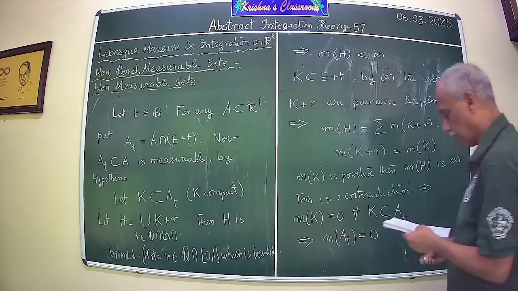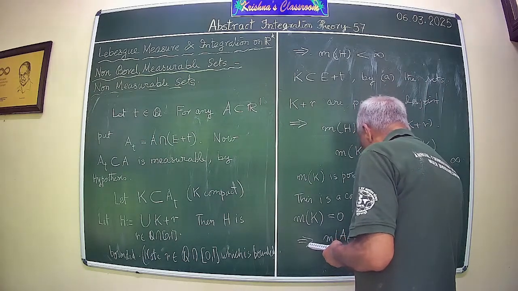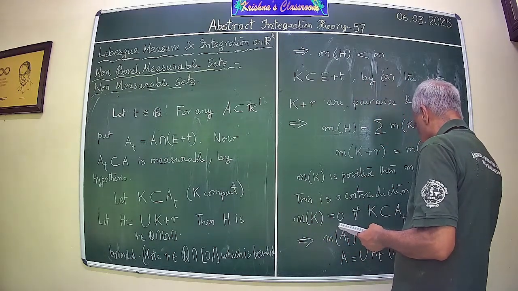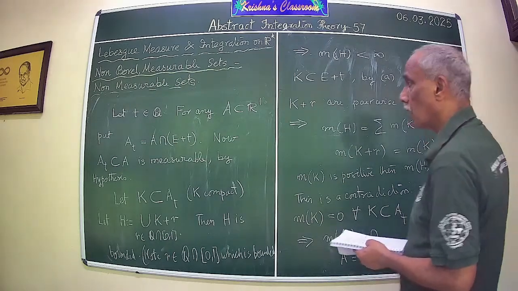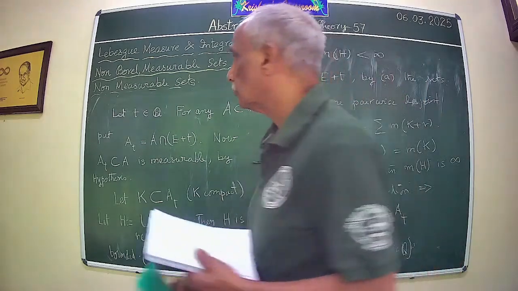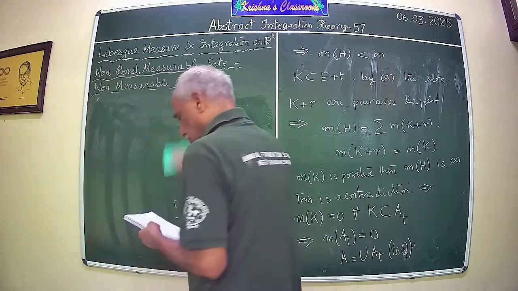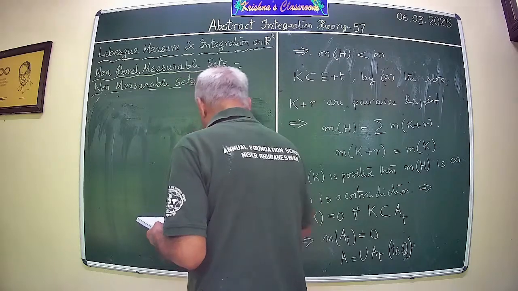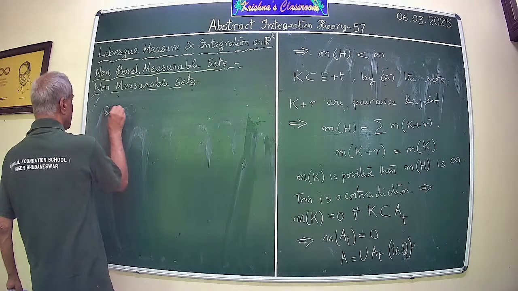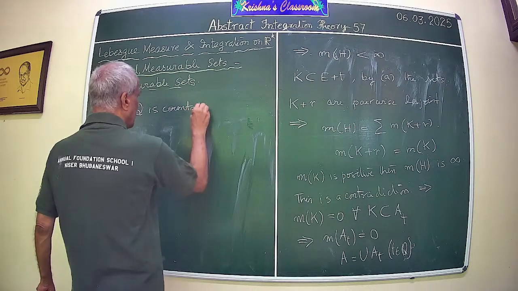Therefore now A is equal to a countable union of the A_t.